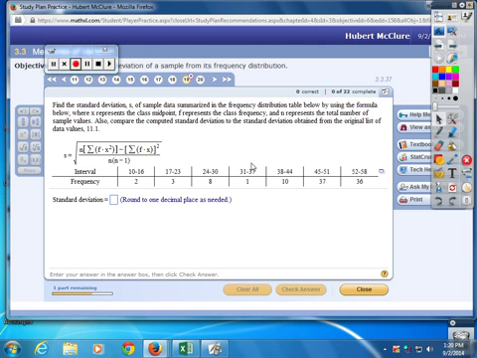Anybody know what X is? X is the midpoint.